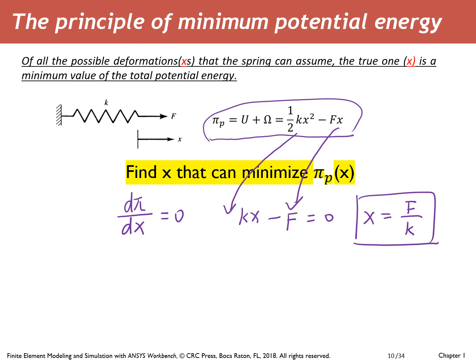That means when the deformation of the spring equals F over k, the total potential energy reaches a minimum, and that's the true deformation that the spring can assume.